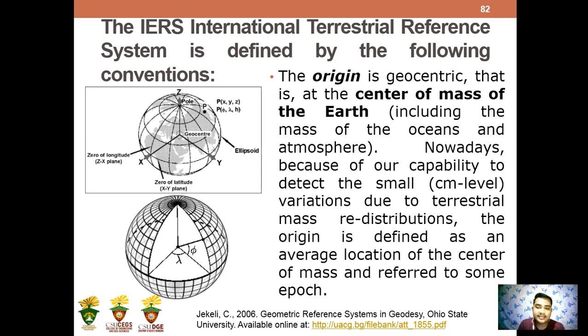The origin is geocentric. That is, when we say geocentric, the origin is at the center of mass of the Earth, including the mass of the oceans and atmosphere. But nowadays, because of the capability to detect small centimeter level variations due to terrestrial mass redistribution, the origin is defined as the average location of the center of mass and referred to some reference epoch.